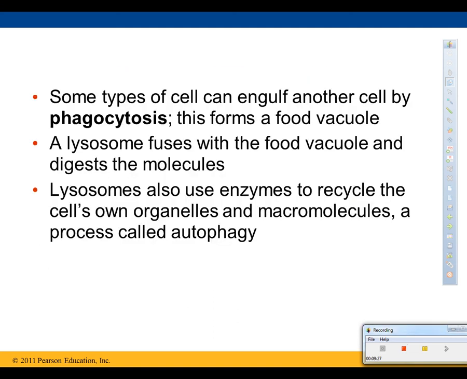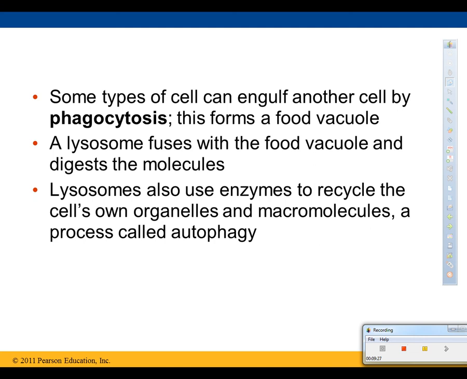And so a cell can engulf. When you engulf something else, a lysosome has to break it down. Actually, it fuses with the food vacuole and digests the molecule, so it actually breaks apart that membrane. And the lysosomes are also used to digest worn out parts of the cell itself.